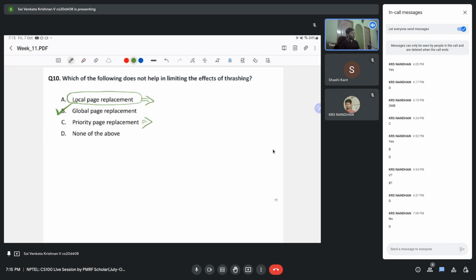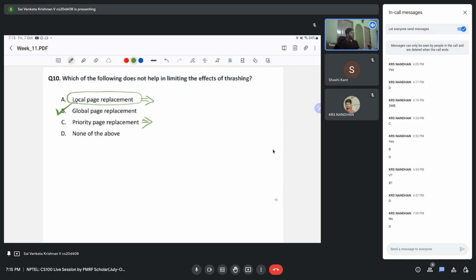So at least the highest priority process would be making some progress, and once that process has finished execution, all the frames allocated to it will be freed, and the other processes might use that freed memory space.